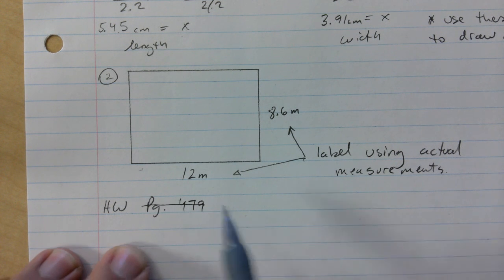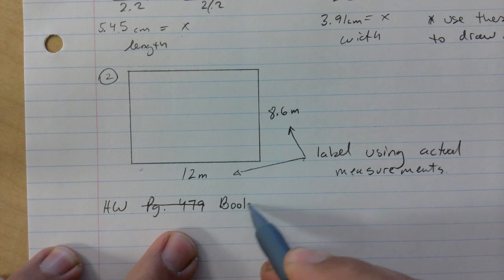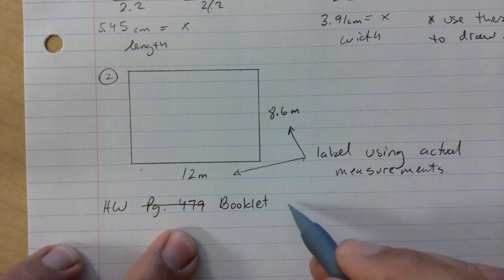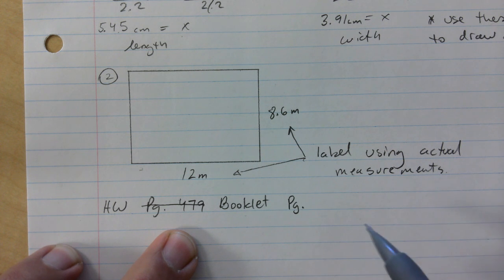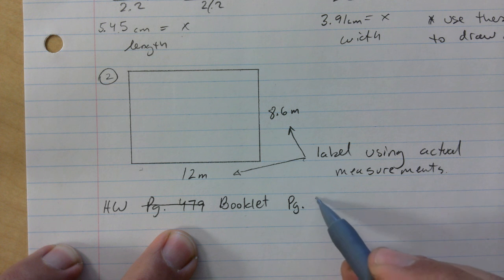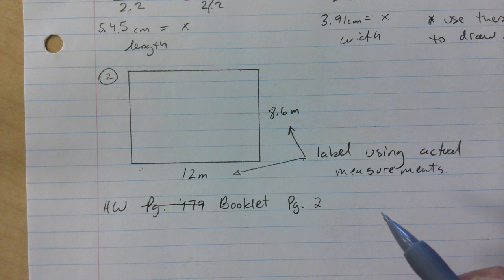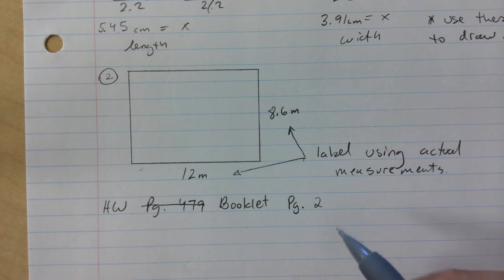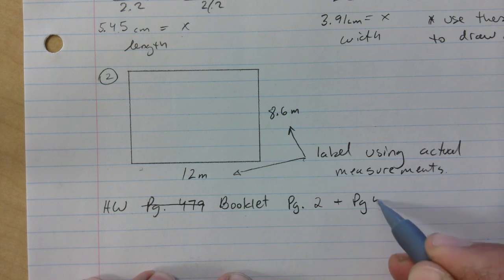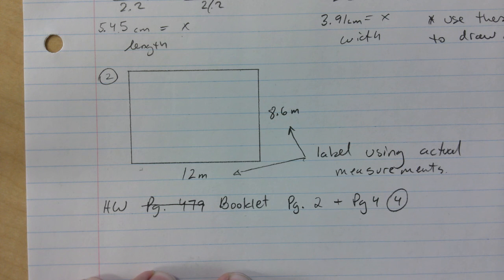We'll scratch this for now. We're going to go booklet, page 2. And hold on. I'm not quite at scale factor yet, so that's why this is a bit of a problem. Page 4, question 4. Yes. Page 2 is just review stuff, right?